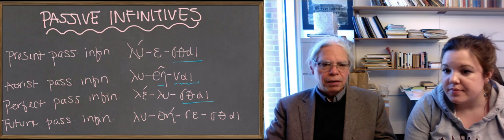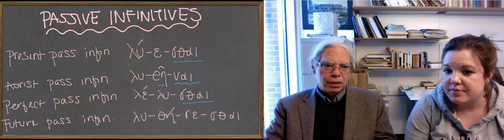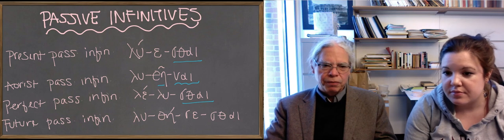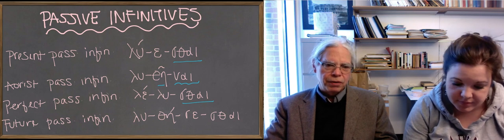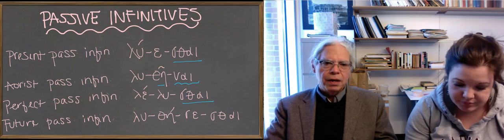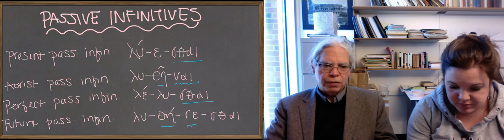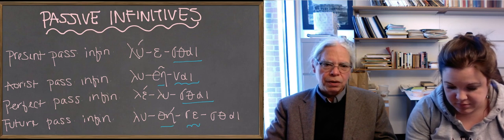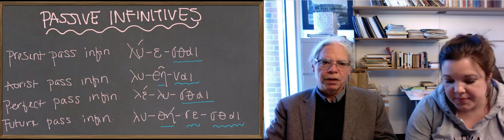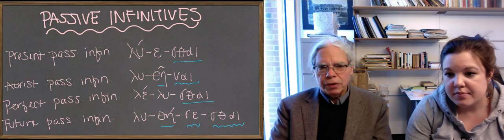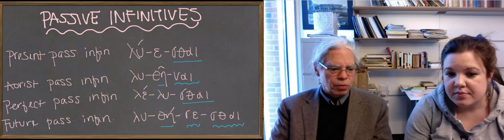Okay? So the future passive infinitive, by contrast, has the passive ending: lu, the, se for futureness, okay, and the e thematic vowel, and the ending sthai. This particular verb has the theta as well as the eta, okay?